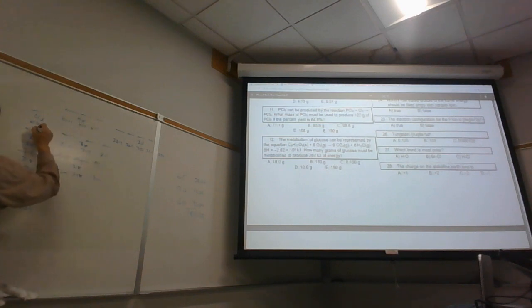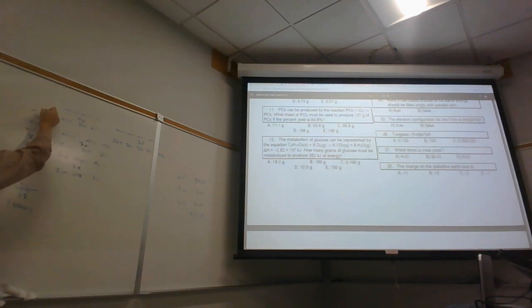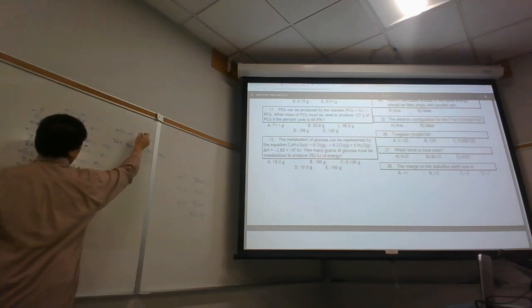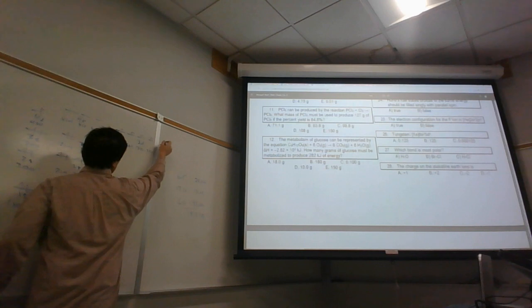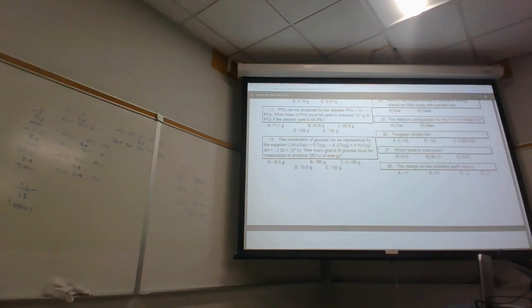And you would fill it out. There was a question about chromium earlier, which is 4s1, 3d5. Something like that might be possible. So you should know how to construct an energy level diagram like this.